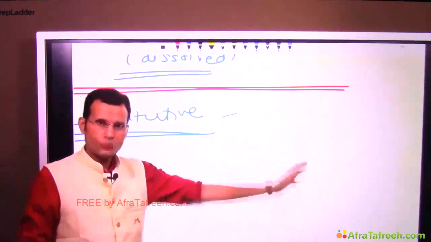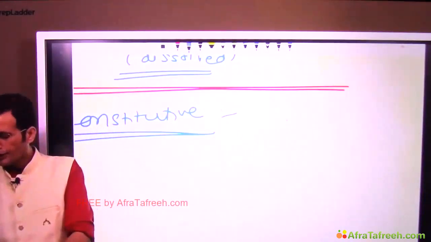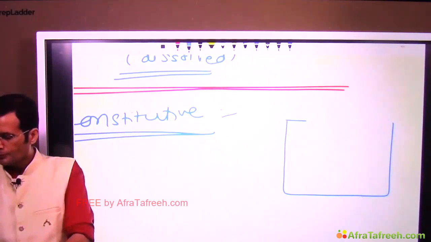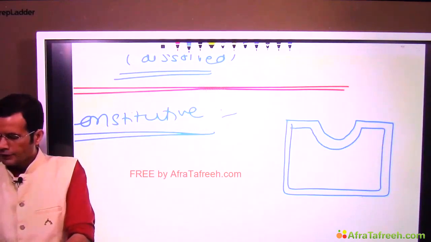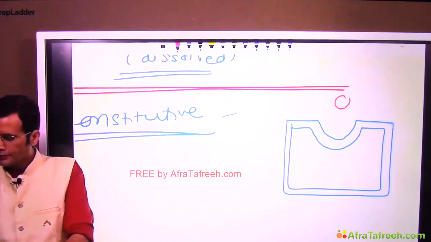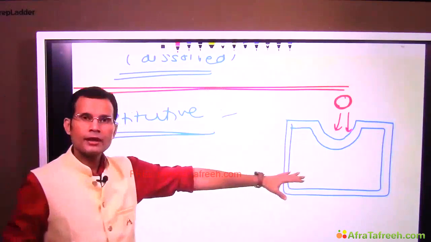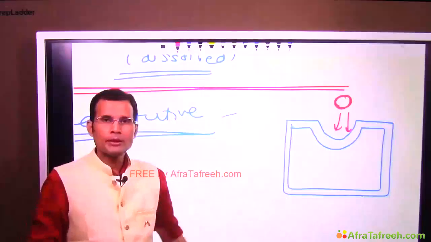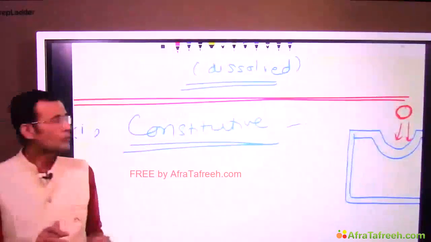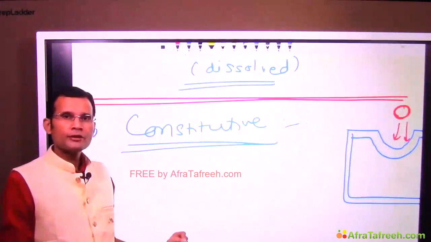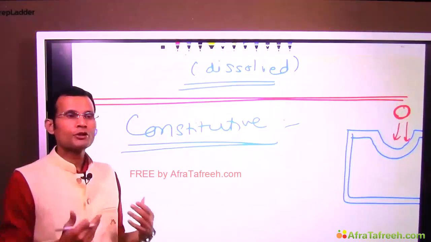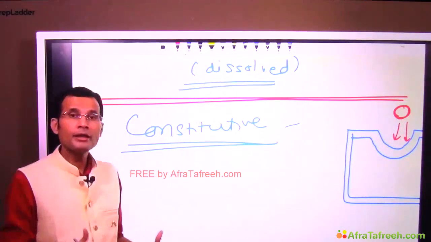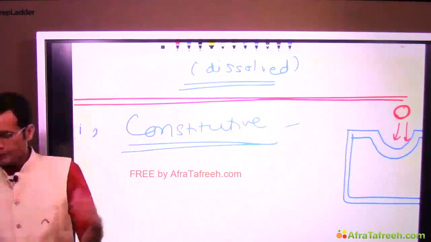Well, let's just draw here how endocytosis occurs. A substance to be internalized comes near the cell and then it will cross the membrane. In constitutive endocytosis, there will be a continuous process. By virtue of the constitution of the cell, it has that ability to internalize the substance.